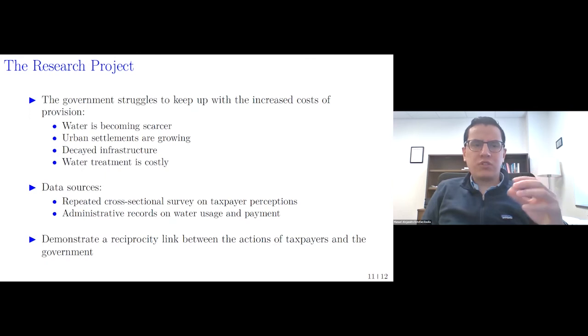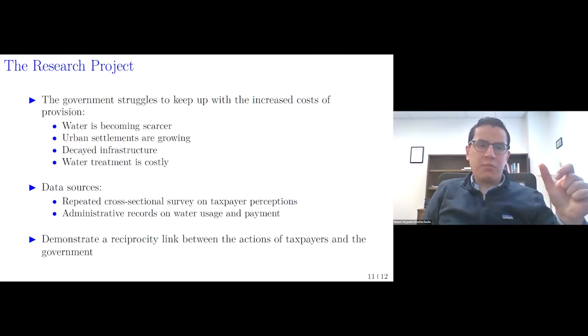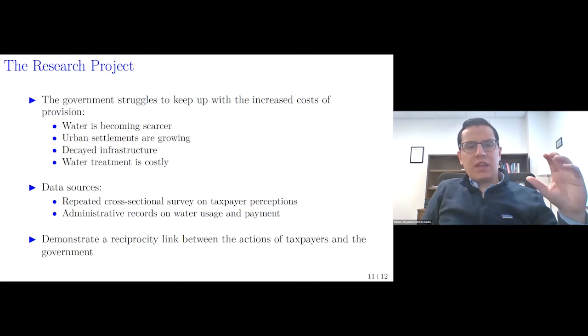Of course, this is difficult for the government, as the government struggles to keep up with increased costs of provision. The reasons for these higher costs include the fact that water is becoming scarcer, urban settlements are growing, governments have decaying infrastructure, and water treatment is costly.